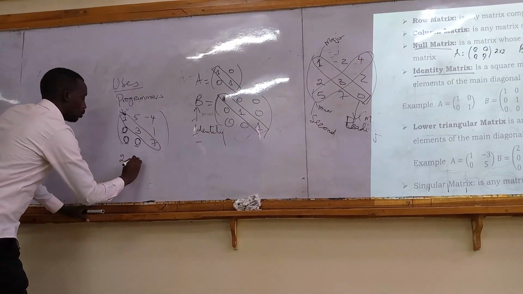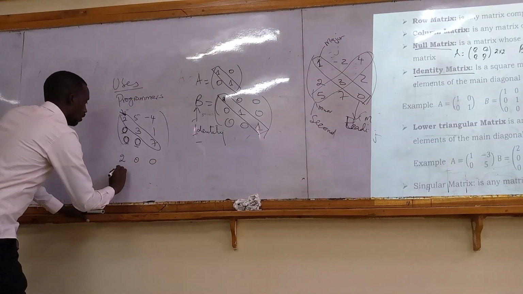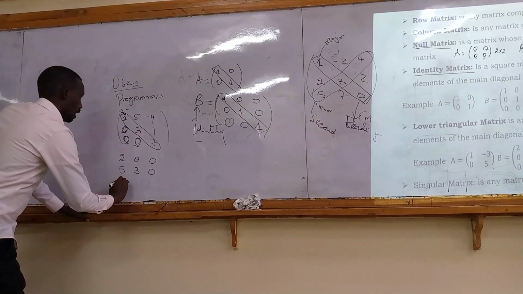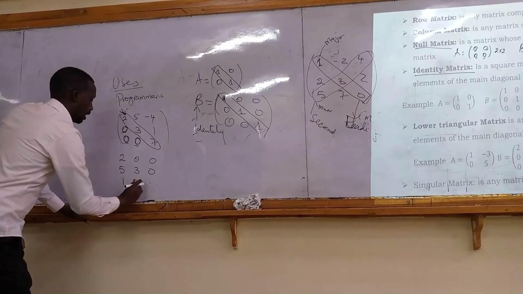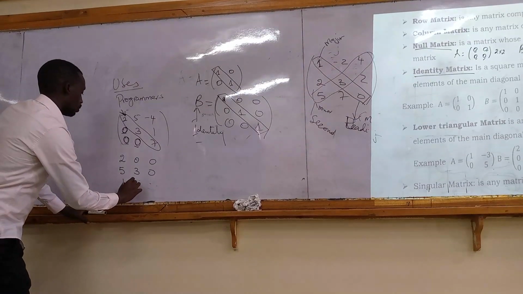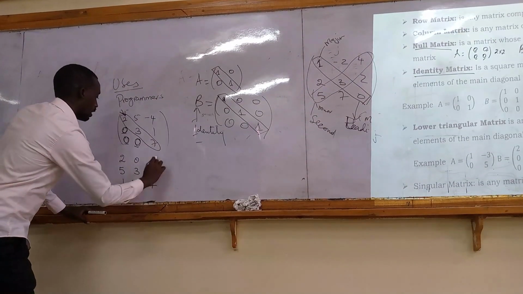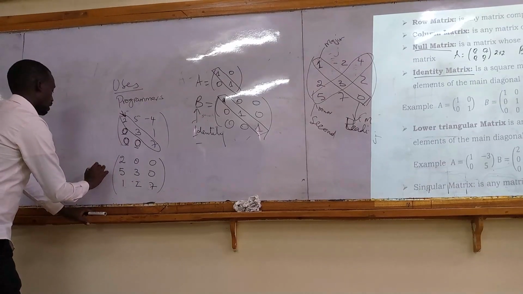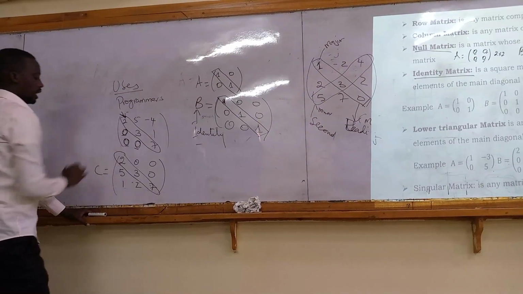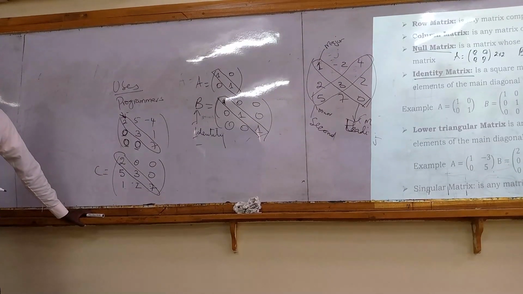We can have 2, 0, 0, 5, 3, 0, 1, 2, 7, like this. This is a matrix C. So this 2, 3, 7 are called the leading elements.